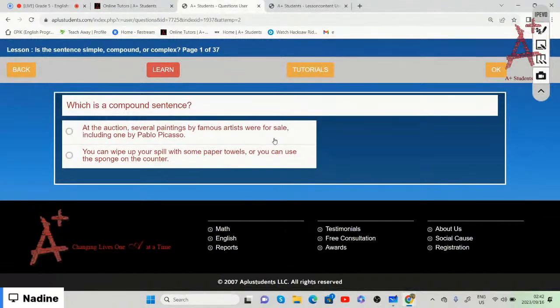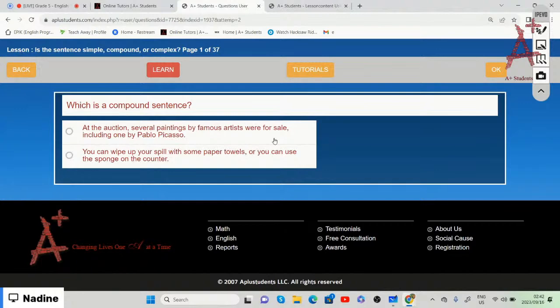Then we have a compound sentence, which consists of two simple sentences joined by a coordinating conjunction, which is either and, but, or so. And then we have a complex sentence, and a complex sentence has an independent clause and it has a dependent clause, right? And it is also joined by a subordinating conjunction.